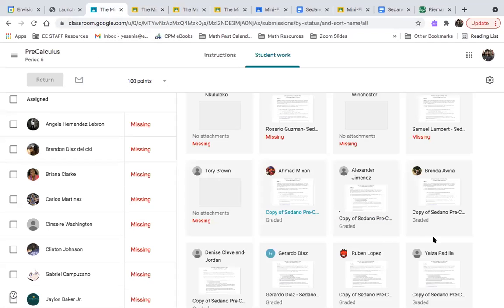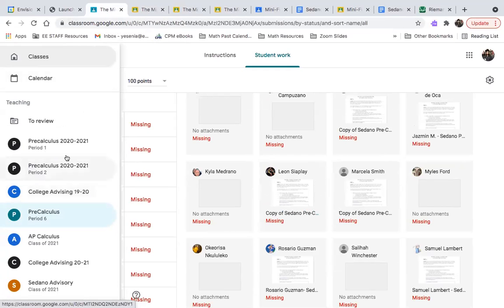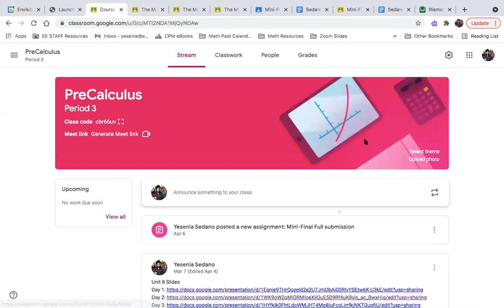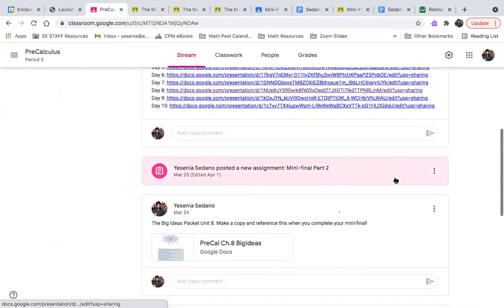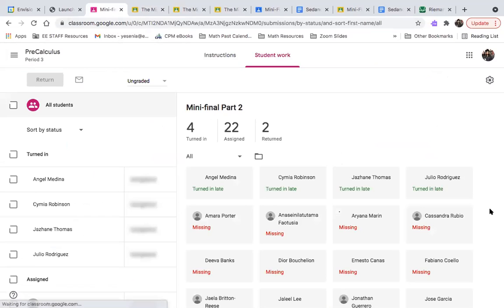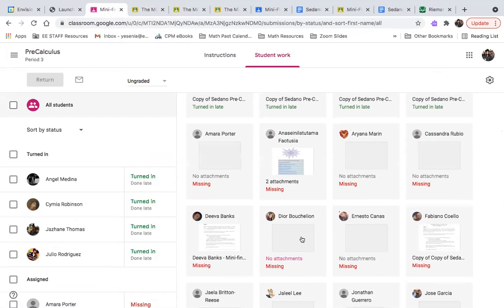I'm also going to make sure I open, I don't think I see this for when Dior comes back. See if I can open that. No, I don't think I have her copy, so she'll have to share it.